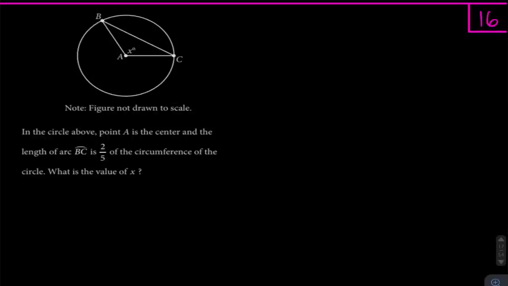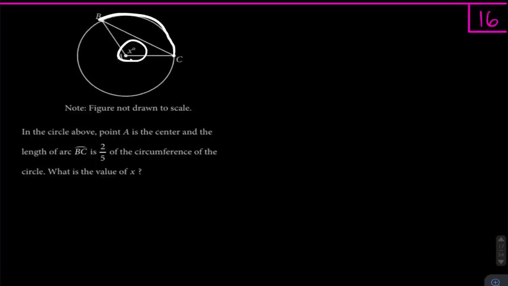And the trick for this problem is that you need to know that the size of the arc that has been traced out is proportional to the angle, meaning they're going to have the same ratio.